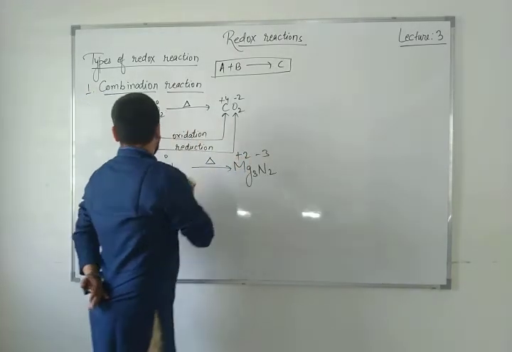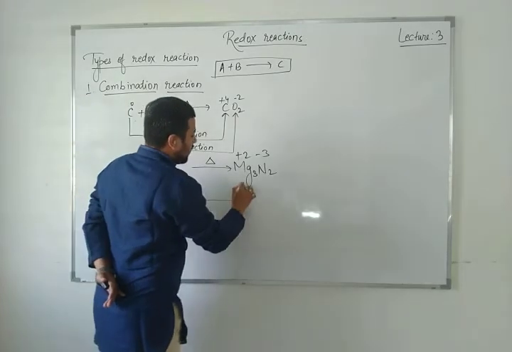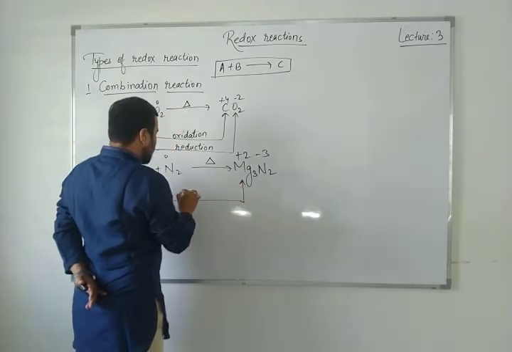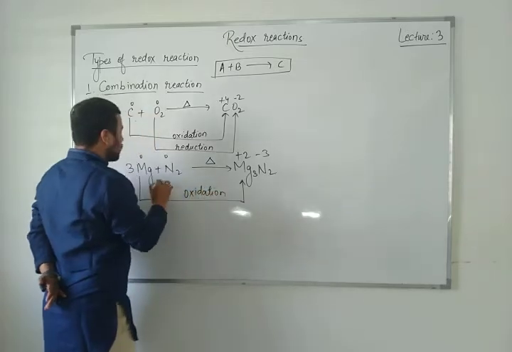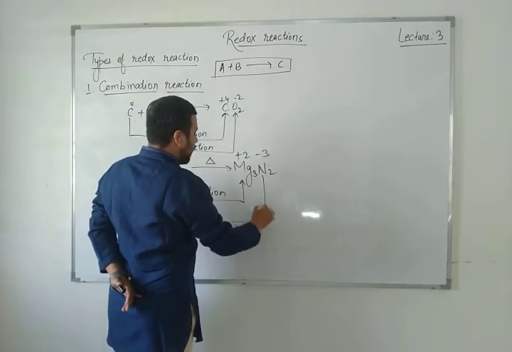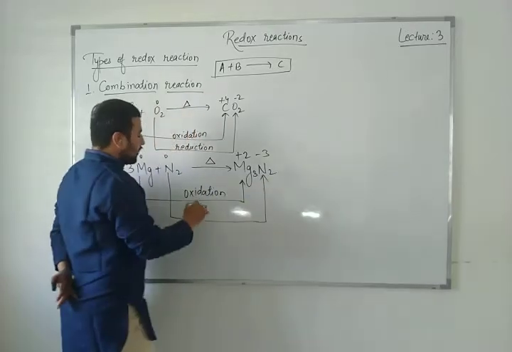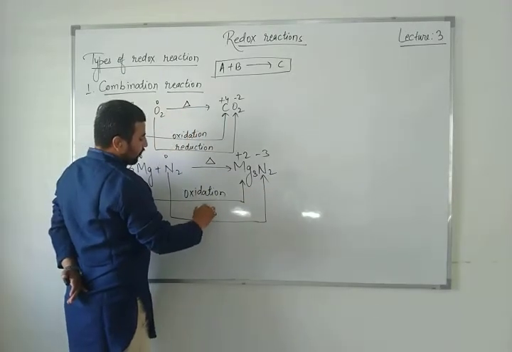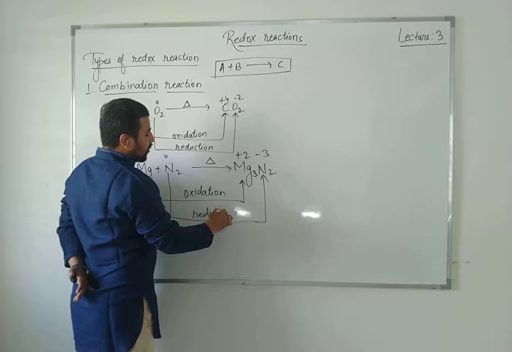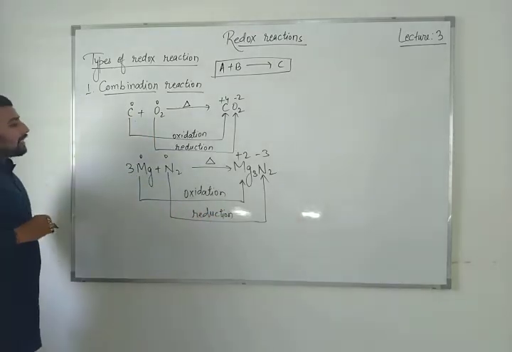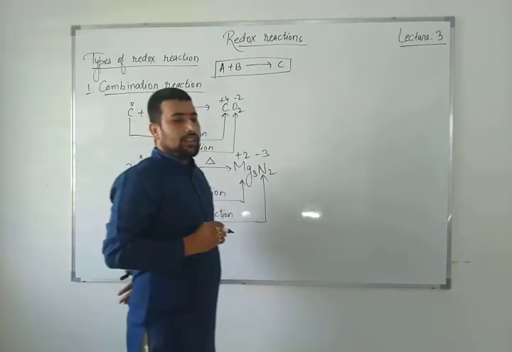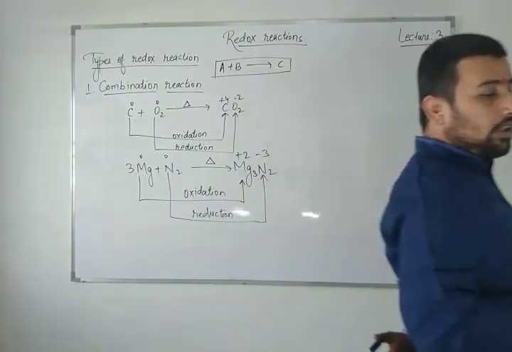So 0 to +2 will be known as oxidation because the oxidation state has increased, loss of electrons, and here there is gaining of electrons and the oxidation state has decreased. So this is reduction. So can we say this reaction is a redox reaction, means combination redox reaction, right? Both examples are already given in your NCERT.